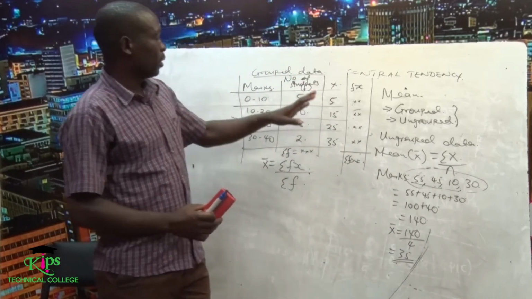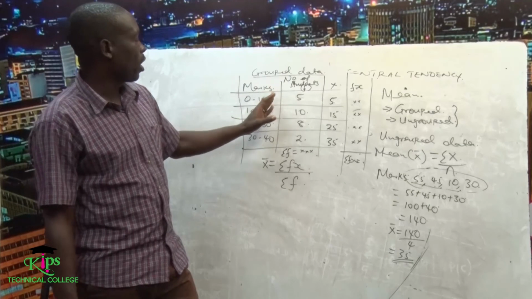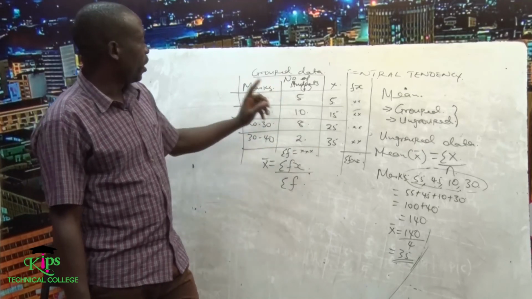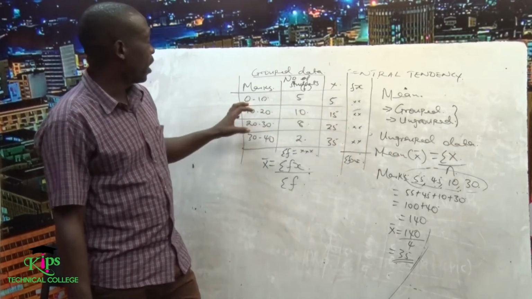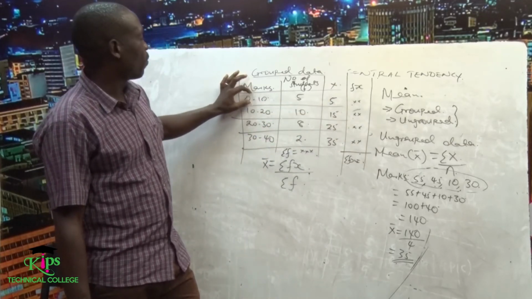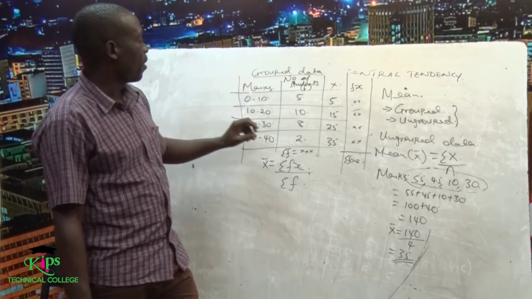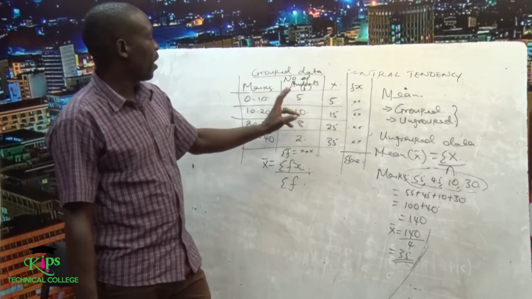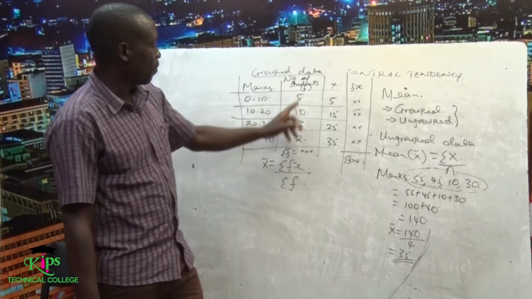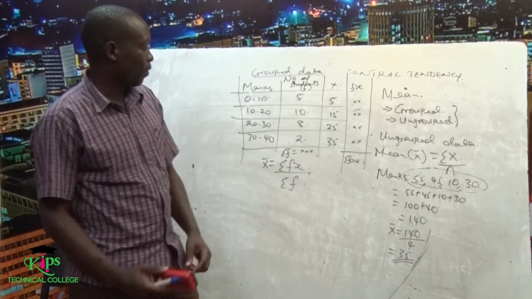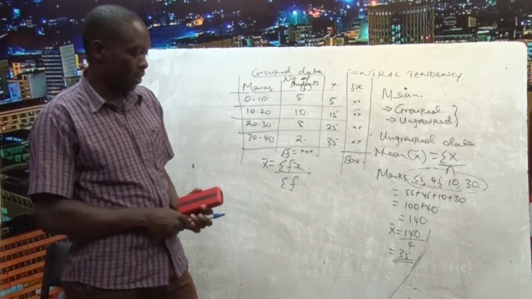But if it is grouped data, that is, data organized into classes, you first need to get the value of x, which is obtained by getting the midpoints of the classes. Then you multiply f times x to get fx, and you divide the sum of fx by the sum of all the f's to get the mean.